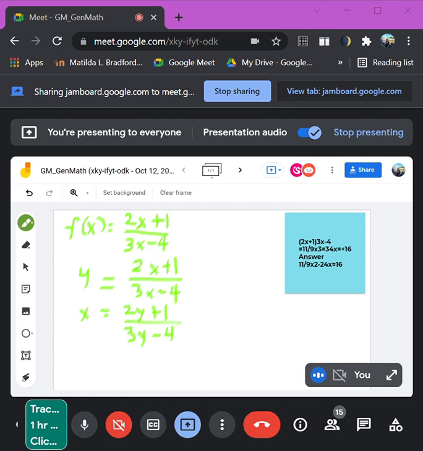Dira. And then, teacher, unsa may sunod ani? X pa man na siya, di ba? Wala pa kayo nakuha kay x pa man na siya. So, imong buhaton is you are going to multiply both sides by 3y minus 4.